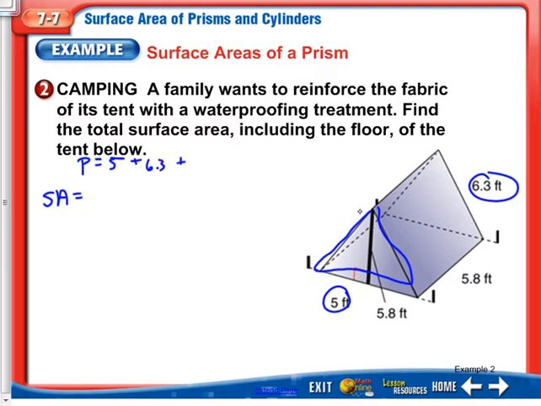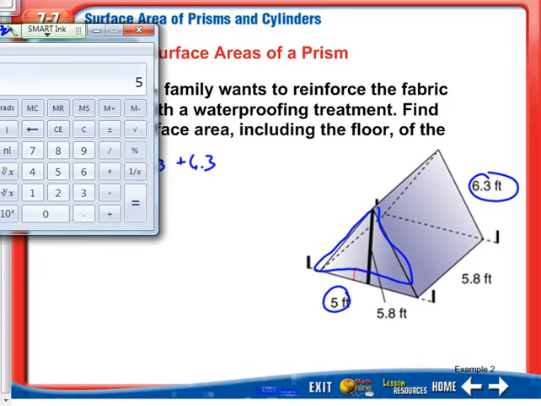And since it's a tent, I'm assuming this is an isosceles triangle, plus I have an altitude coming down here at a right angle, which tells me that this is also equal to 6.3. So I could go ahead and add those up to find my perimeter. I had 5 plus 6.3 plus 6.3, so a total of 17.6.